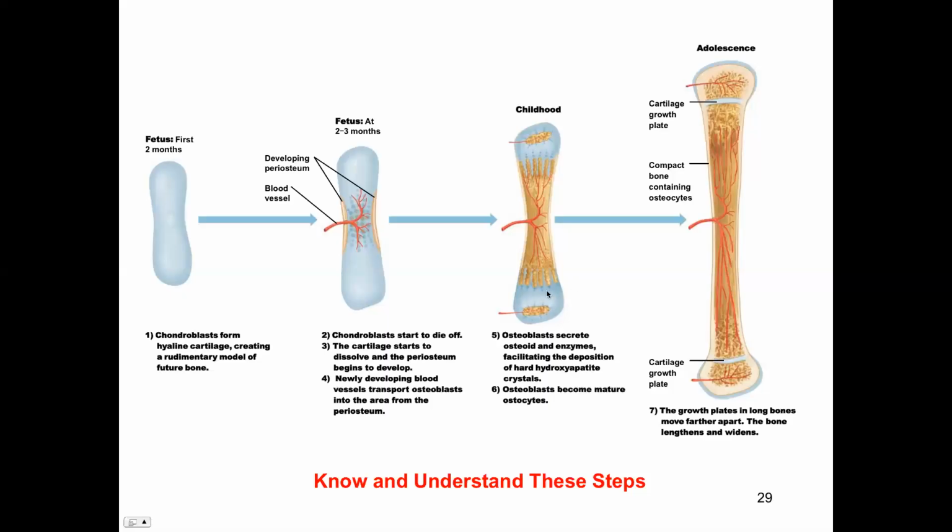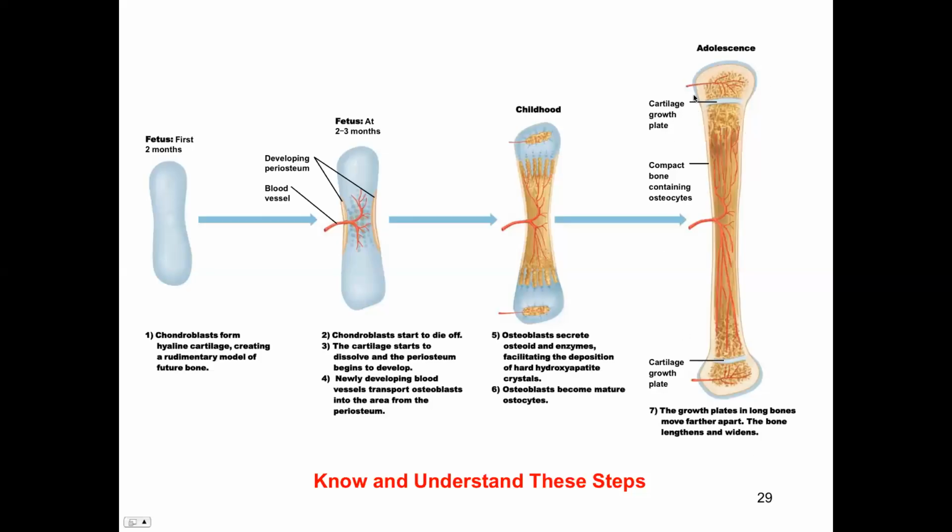So that cartilage is going to stay here, and you're going to get a secondary ossification center in the epiphysis, whereas the diaphysis would be the primary ossification center. And these secondary ones are going to get really active after birth, okay? And then eventually those trapped osteoblasts are going to become osteocytes in this forming bone.